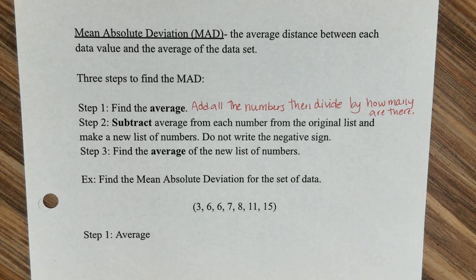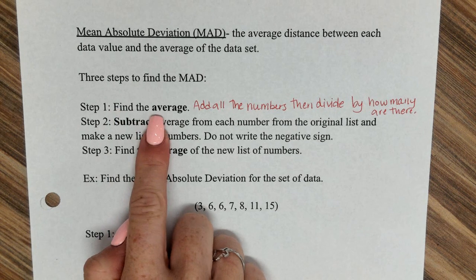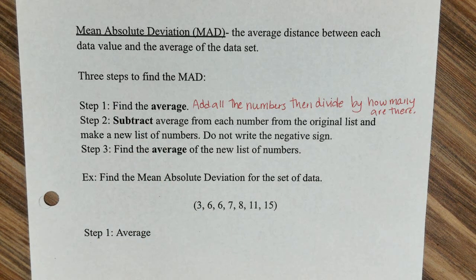Does that make sense? That is what you're doing for step 1. You add the numbers up, then divide by how many there are. So if there's 3 numbers, you divide by 3. If there's 4 numbers, you divide by 4, and so forth. Okay? That is only step 1. That's the 6th grade part.